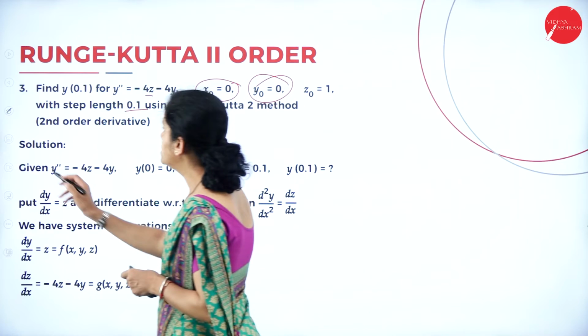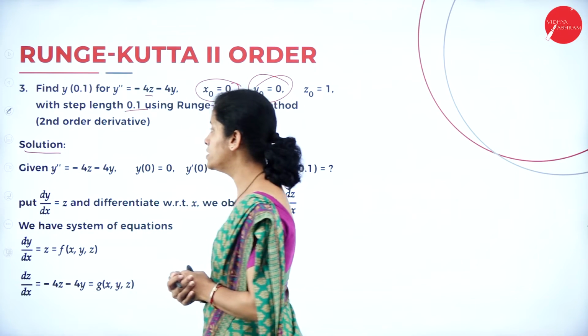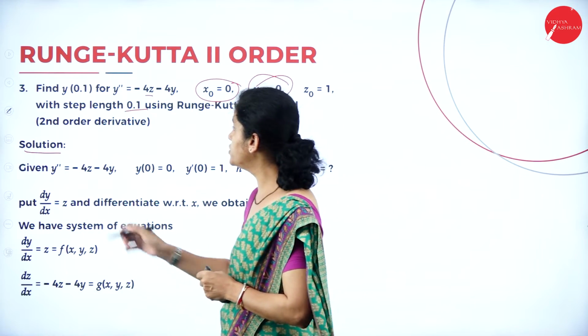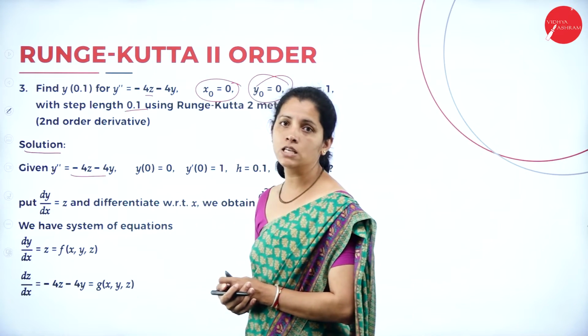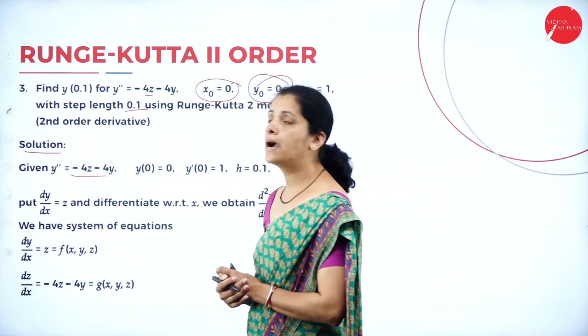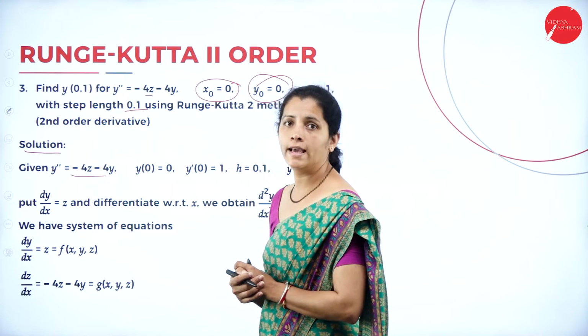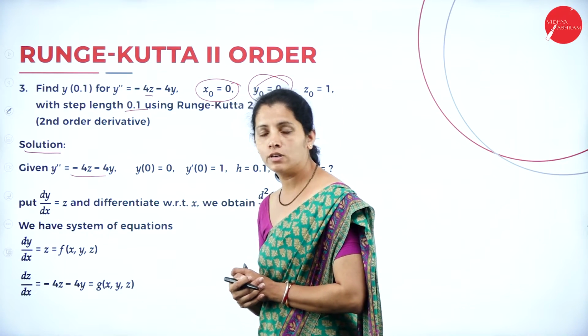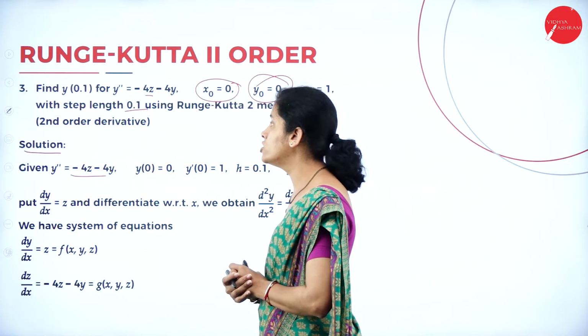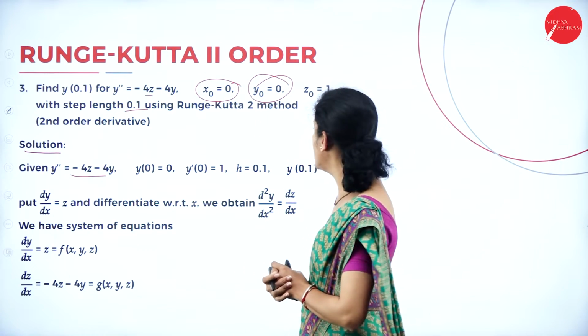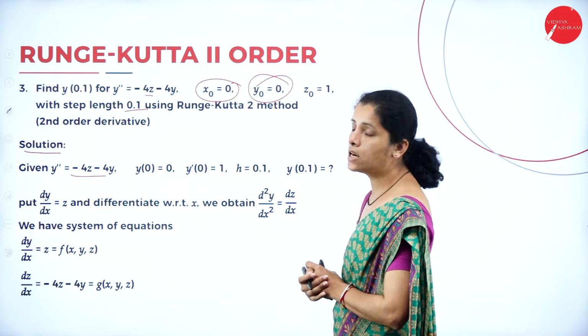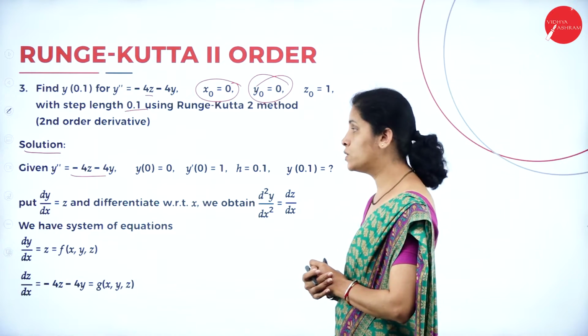So the given equation is minus 4z minus 4y, and I want to find y of 0.1.